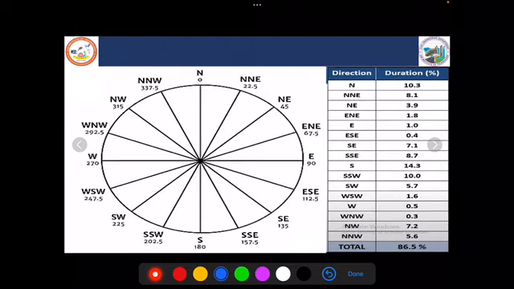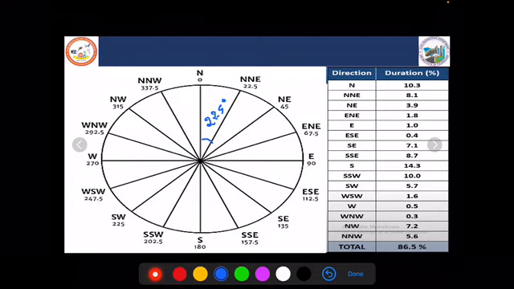So what is the first step when we draw the windrose diagram? The first step is we have to divide the entire circle into the number of divisions. Here we have 16 divisions. One convenient way is to divide the entire circle with an angle of 22.5 degrees on each side, okay.